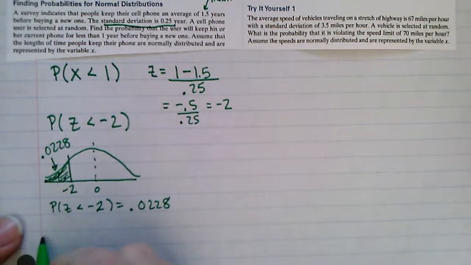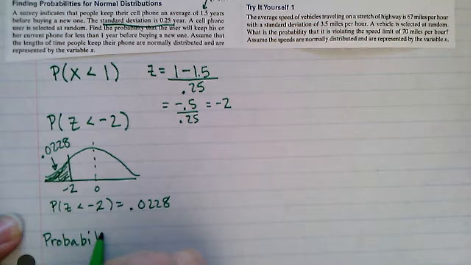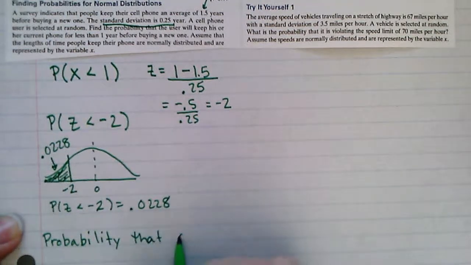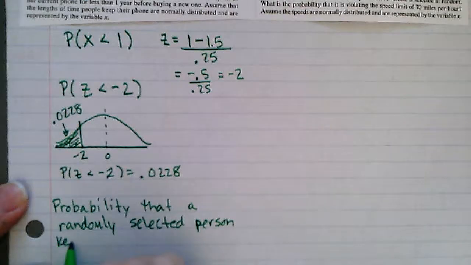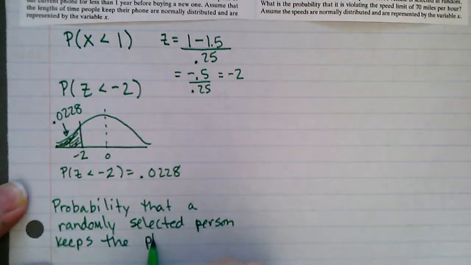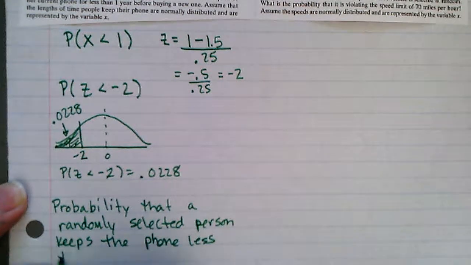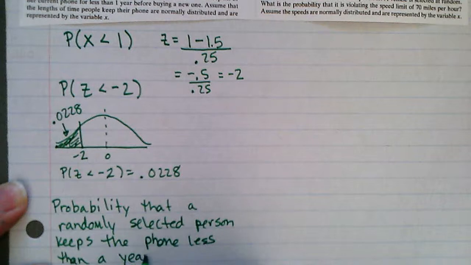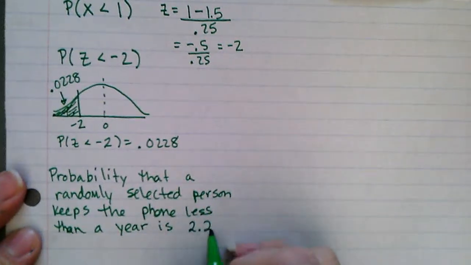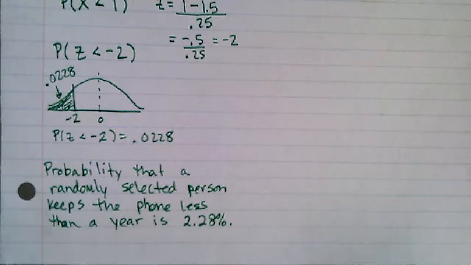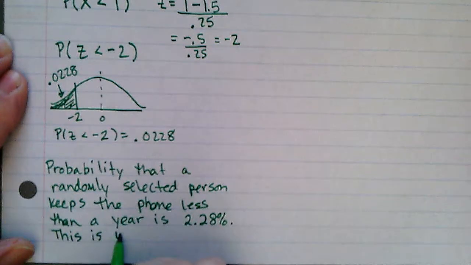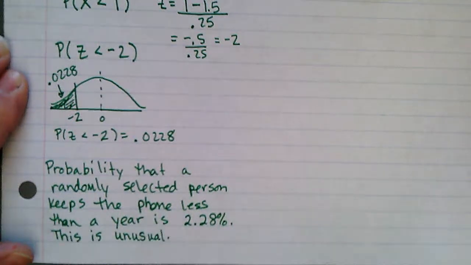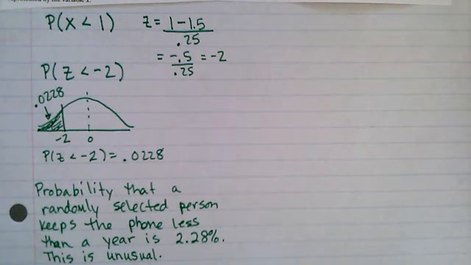So in the context of my problem, that tells me that the probability that a randomly selected person keeps their phone less than a year is 2.28%. Now, since that probability is less than 5%, I can also say that this is unusual, because a probability of less than 5% is considered an unusual event.